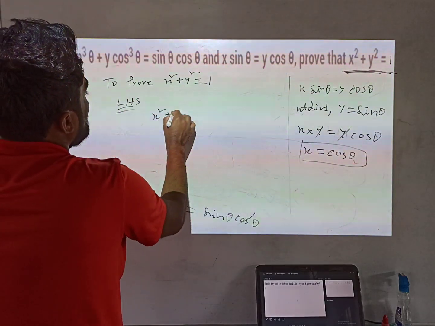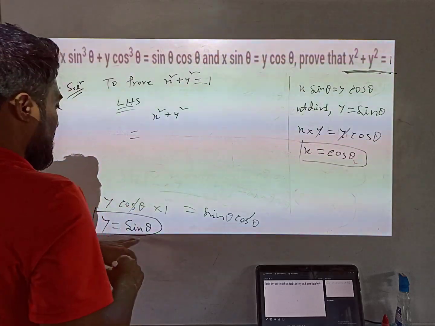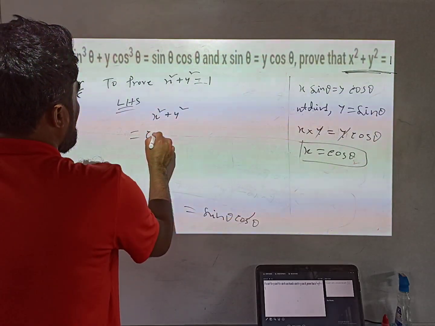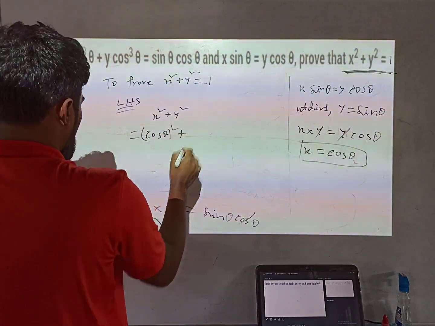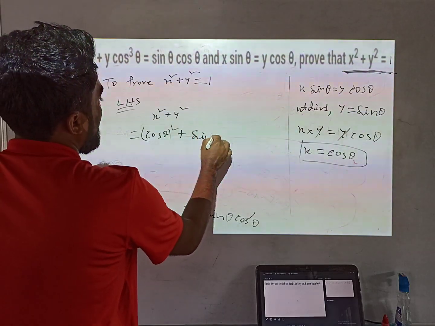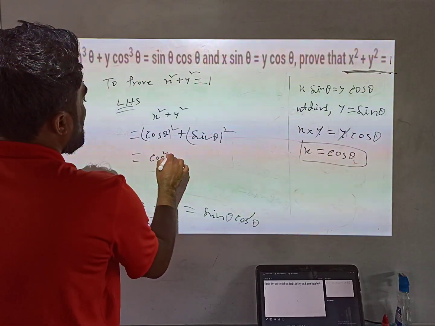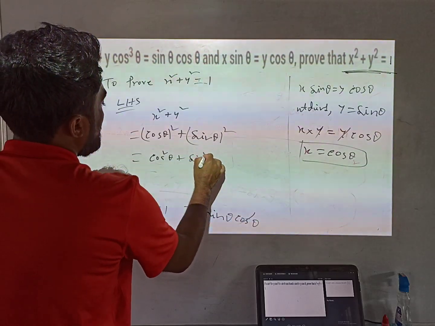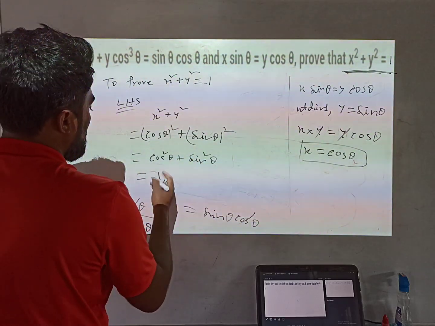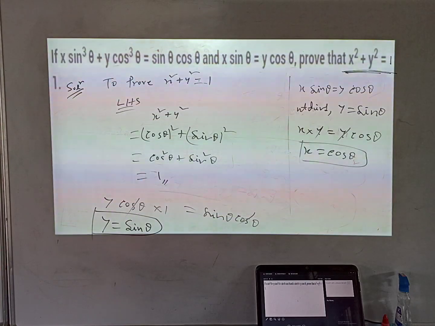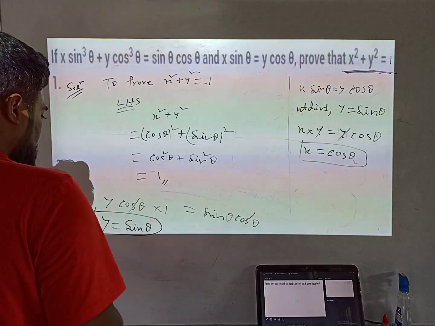So left hand side, that is x square plus y square equals, so what is x? X is cos theta. So x square will be cos square theta, and what is y? That is sin theta. So sin square theta. So this is cos square theta and this is sin square theta. So x square plus y square equals 1. This is the answer. Got it? All of you got it?